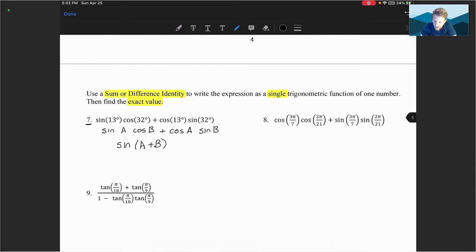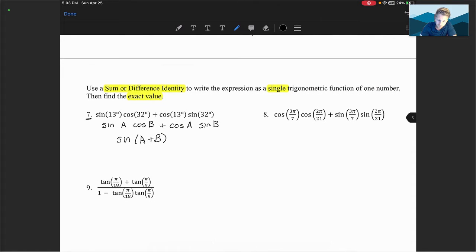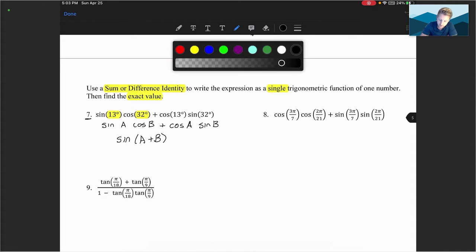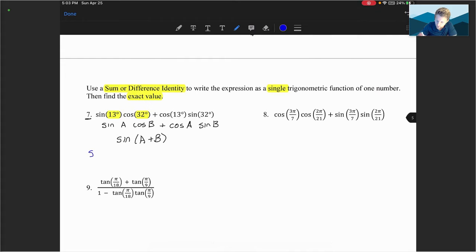And notice that A in our expression is 13 degrees, and the B angle is 32 degrees. So when I rewrite this, I could rewrite this expression as sine of 13 plus 32, which is equal to the sine of 45.